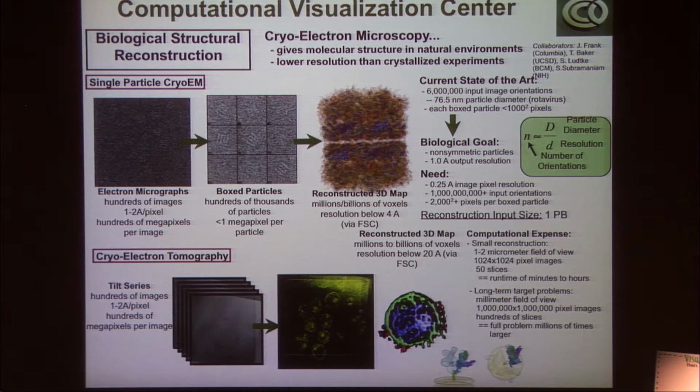The next exercise was something that I had been doing before, together with collaborators Joachim Frank and Tim Baker at UCSD. You'll start to see UCSD occur quite often, and that's why I'm here quite often as well. And Steve Ludtke and Sriram Subramaniam. And this is both single particle cryo-EM, the inverse problem of reconstructing from 2D to 3D, and also cryo-electron tomography, like what Wachu's student was mentioning earlier.